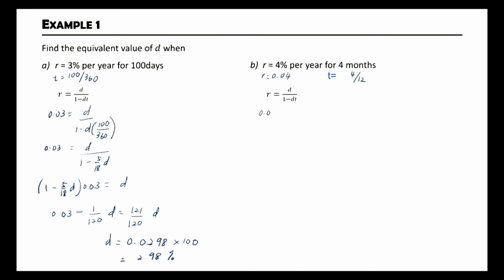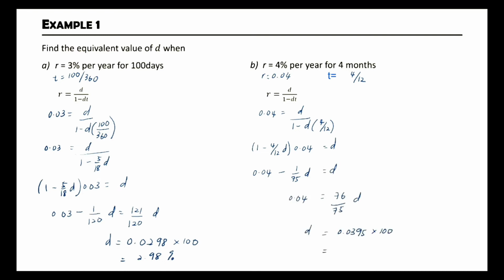R equals 0.04 over (1 - 4/12 times 0.04). R equal to 0.0395 times 100. So we get 3.95%. And R is a rate, so R must be in percent. Therefore, we need to always take 4 decimal places, so the rate can be 2 decimal places.